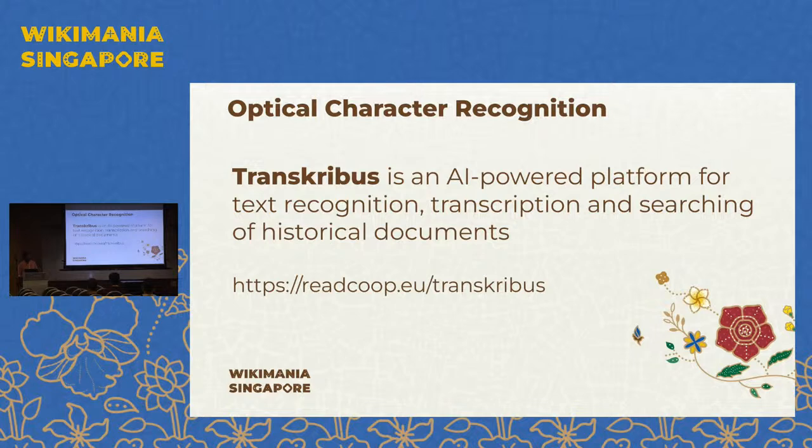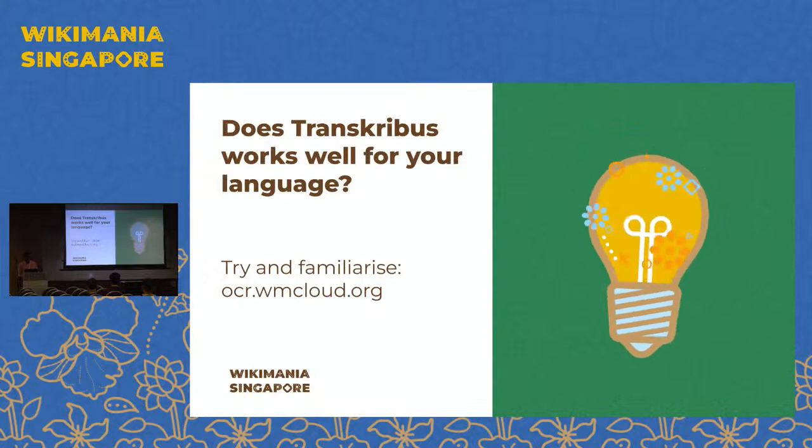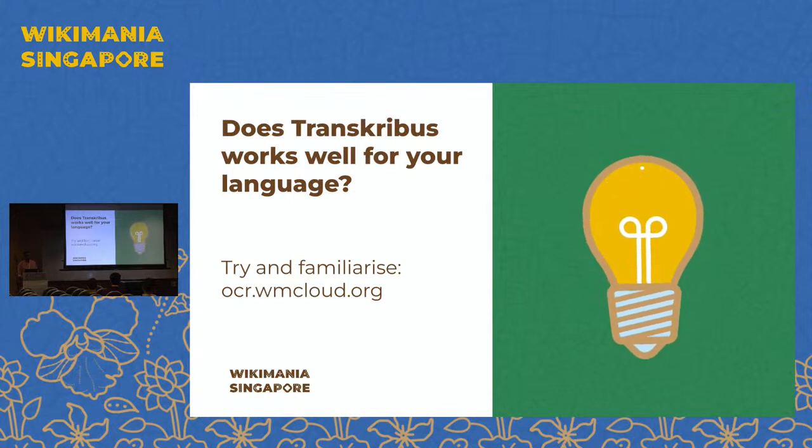This software is not completely open source, it's kind of an open core thing. The core source code for Transkribus is open, but it's very difficult to run on your local computer. At the same time, there is documentation and a system that you can try out. If you go to ocr.wmcloud.org, you can try whether it will support your language.